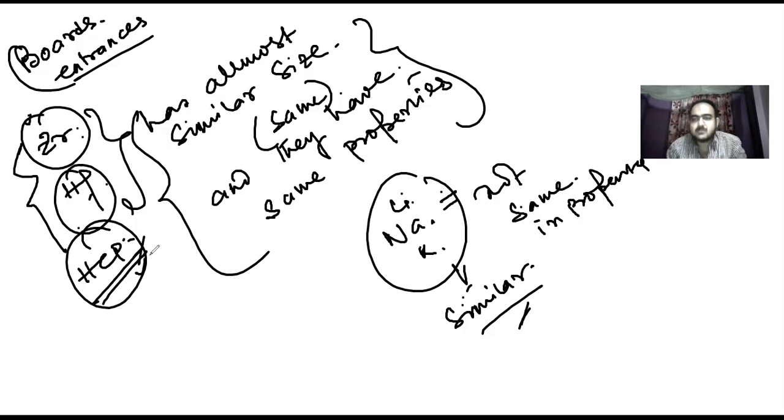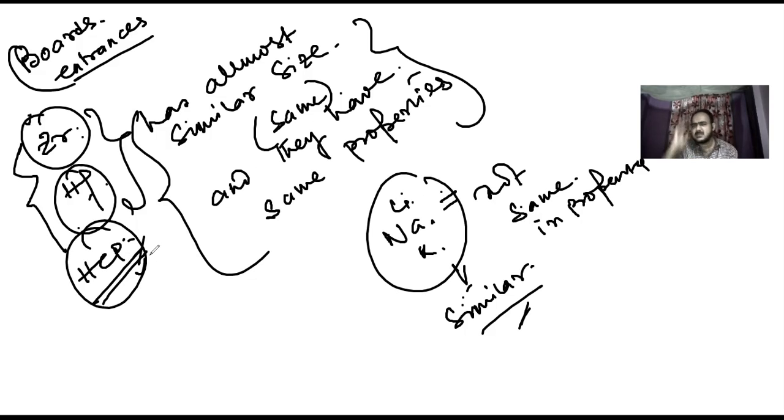Why? Generally, while you go from top to bottom, the size will increase. Now, hafnium is a post-lanthanoid series element.